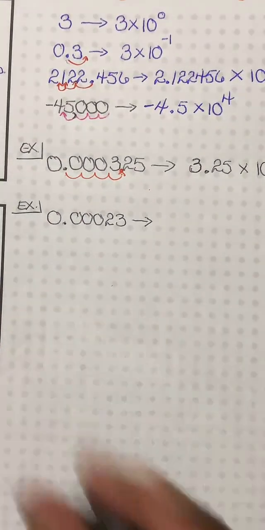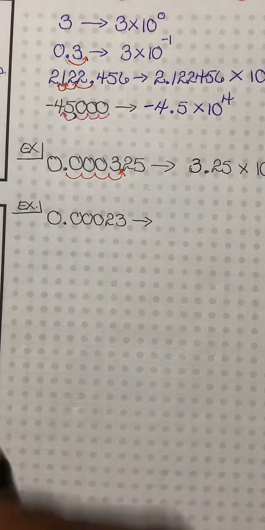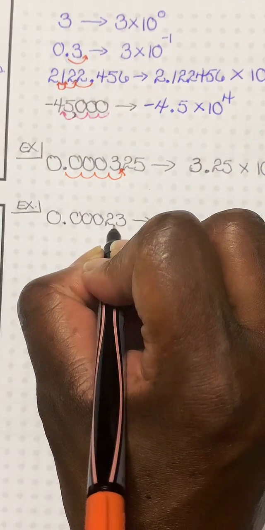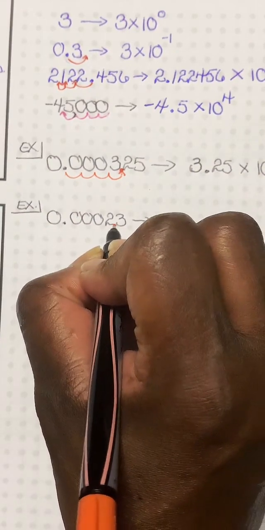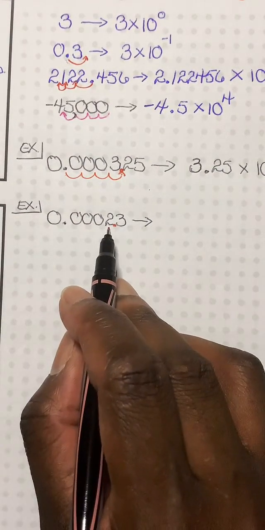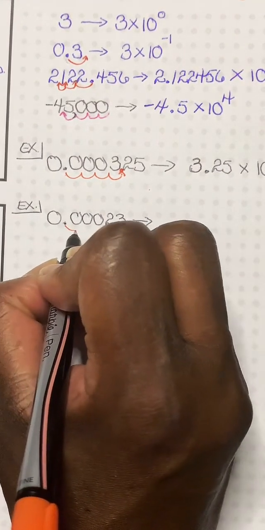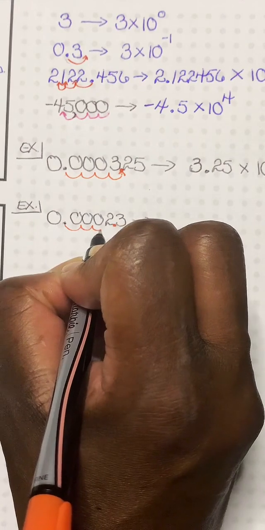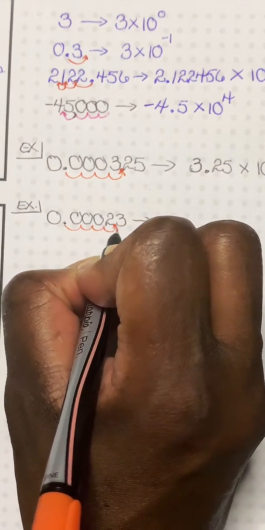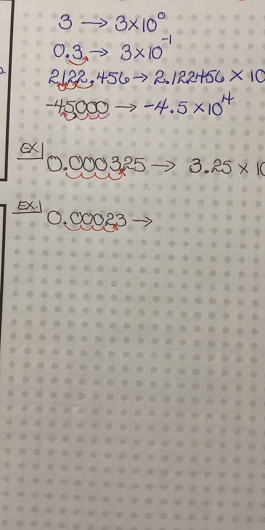Okay, so we need to make sure that decimal place is in between the 2 and the 3, because we need a whole number in front of that decimal point. So we go 1, 2, 3, 4. Okay, so move 4.